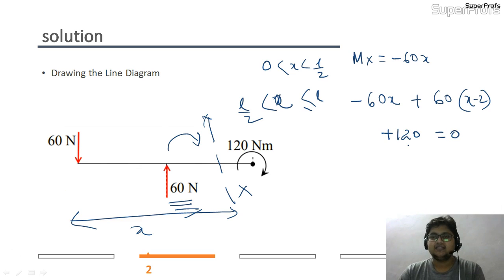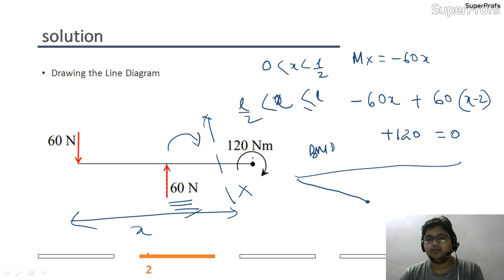and plus 120, that is a clockwise moment, should be equal to 0. If I draw my bending moment diagram again, I had already got a straight line up to 2 meter, and after that, if I want the value at 3 meter, I put the value in this expression.